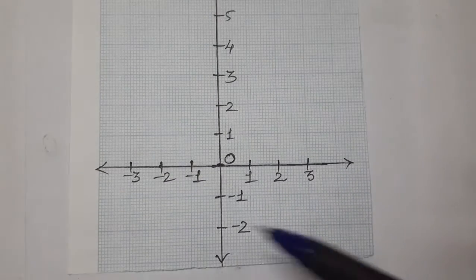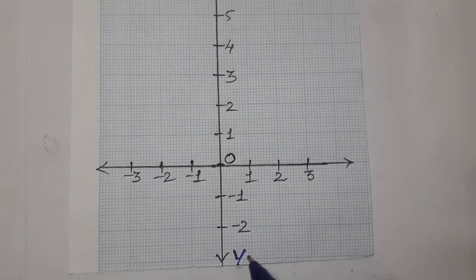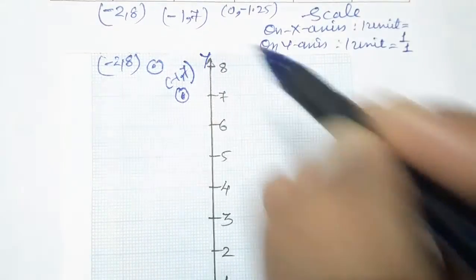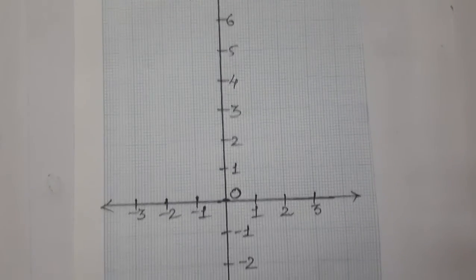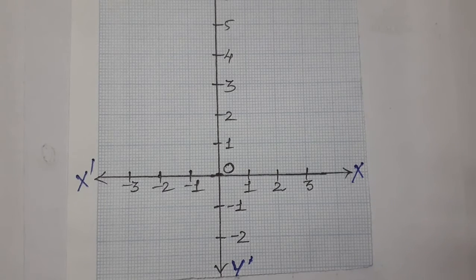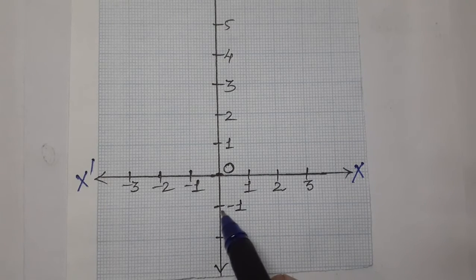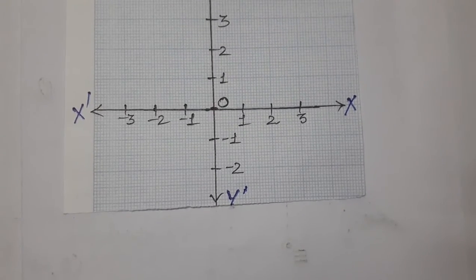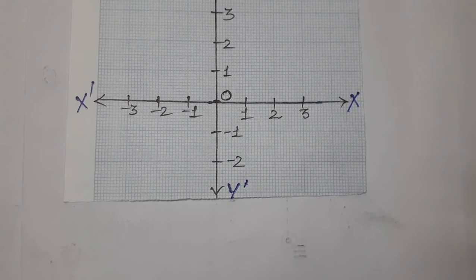This is y, y dash. This is x, x dash. Now, minus 1.25. This is minus 1. And this is the middle one. Just I am zooming it so that you can see clearly.